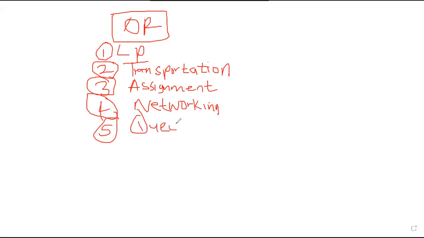And the other one is on decision theory. Okay, which is on decision theory. So the question we're going to look at now would be on linear programming.